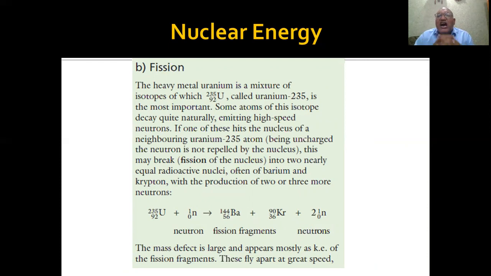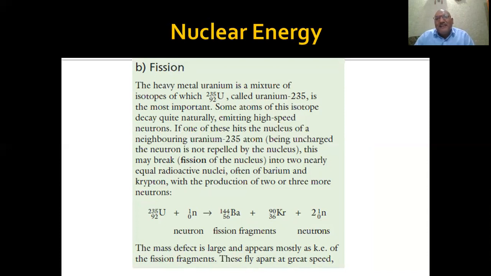We have a large nucleus and we bombard it with different particles. For example, we bombard it with a neutron. We accelerate a neutron in a particle accelerator, and then we bombard the large nucleus with that neutron, and we call it the parent nucleus.